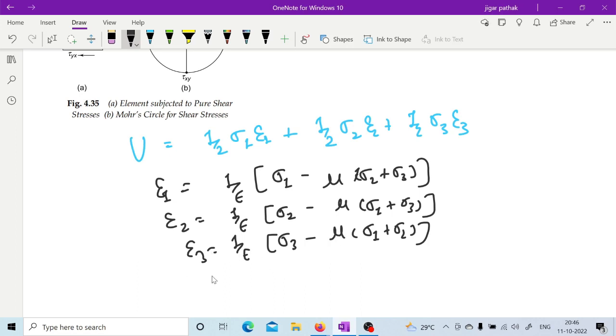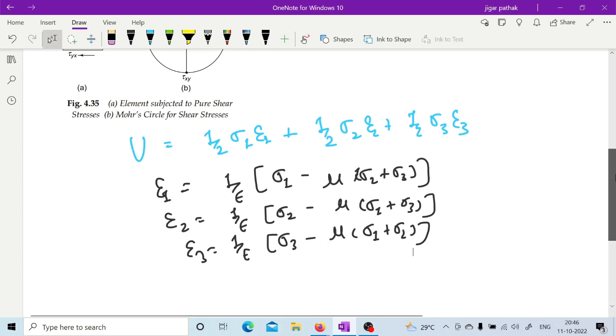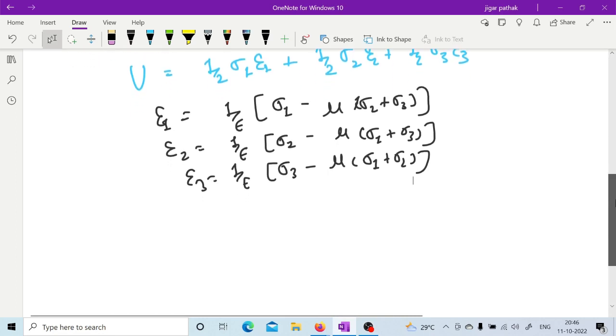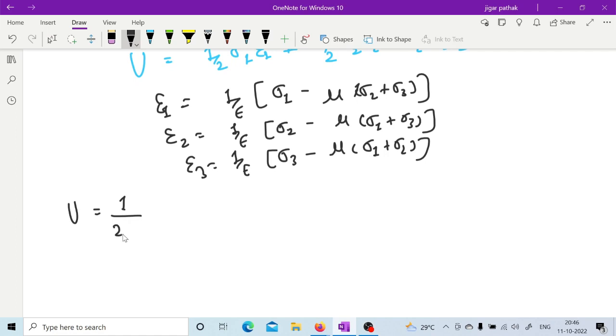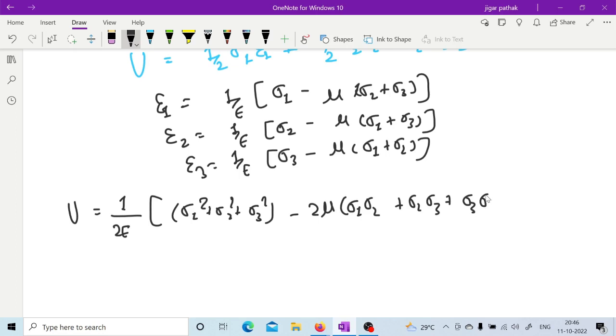If you put all these values in the above equation, the strain energy will be 1/2E times sigma 1 squared plus sigma 2 squared plus sigma 3 squared minus 2 mu times sigma 1 sigma 2 plus sigma 2 sigma 3 plus sigma 3 sigma 1.